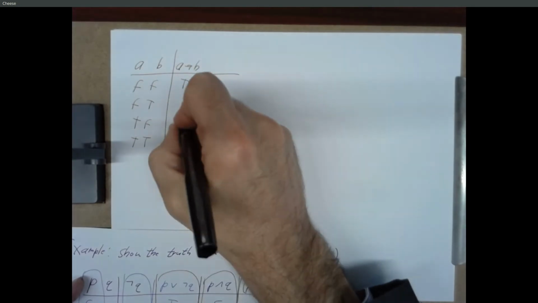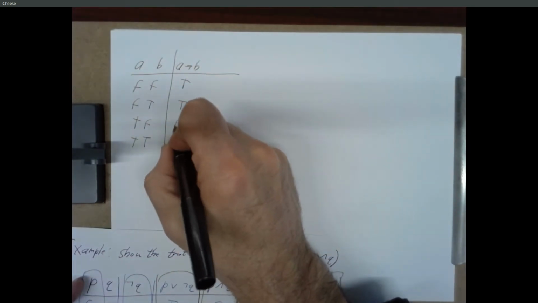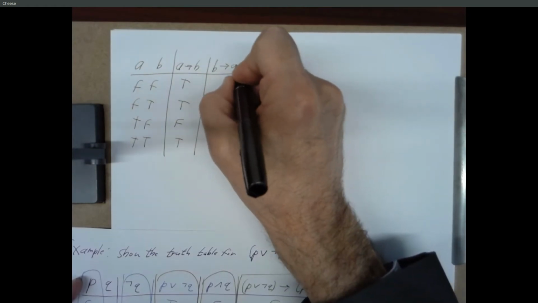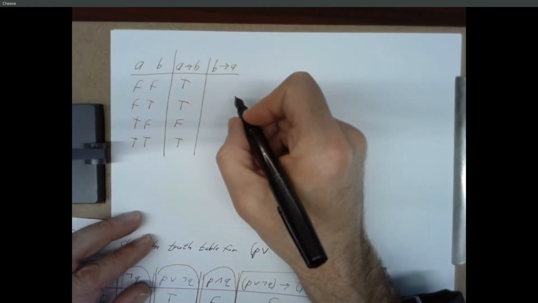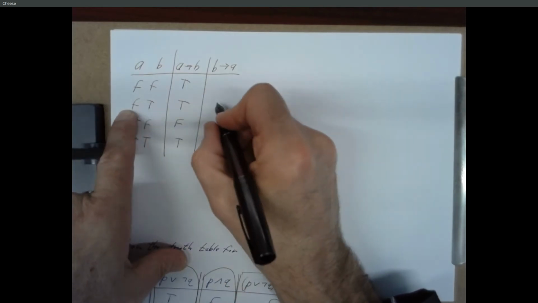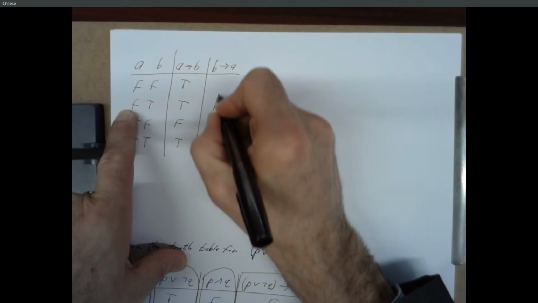So this is always true except when the hypothesis is true and the conclusion is false. B implies A is always true except when the hypothesis B is true and the conclusion A is false. So this is true everywhere else.